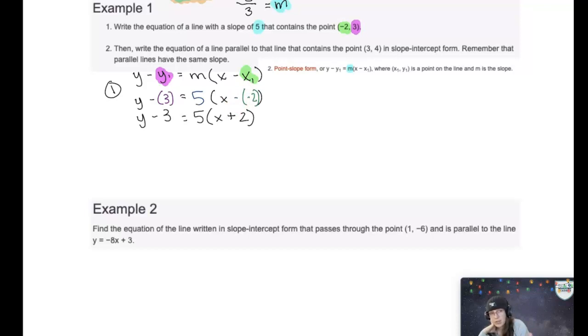So that's all we do to write the equation with a slope of 5 that contains the point -2, 3. So now we're going to do part 2.